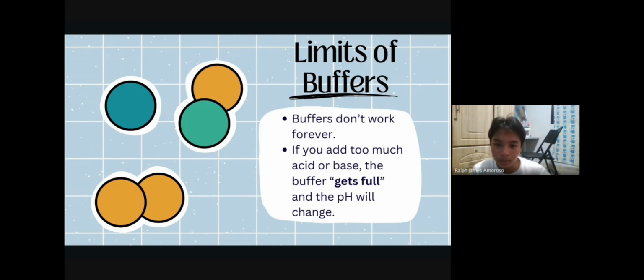So kung magdagdag po tayo ng acid or base, too much acid or base, yung buffer solution po natin ay magbabago. Kung sa atin pa, kung magdagdag po tayo ng too much acid or base sa buffer po natin, yung buffer po ay mabubusog. At yun, magbabago po yung pH ng buffer.